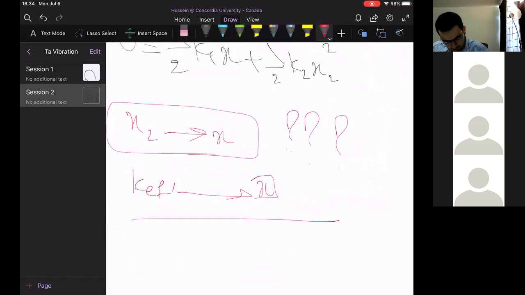We obtained that x was b theta, and also we had x2 equal to a theta.